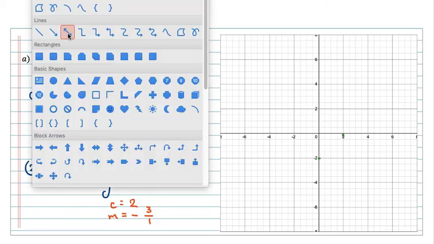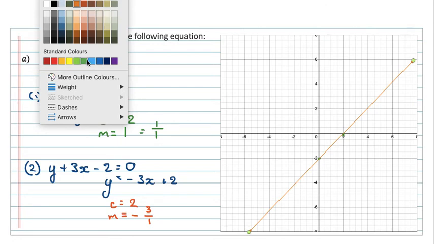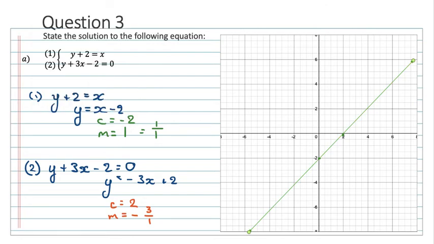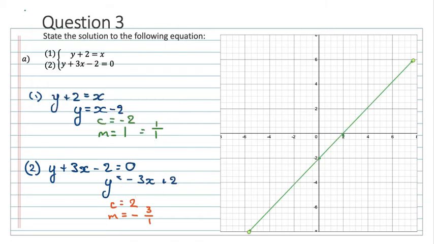Graphing this line, be as accurate as I possibly can. So that's line 1. And then let's graph our second one.